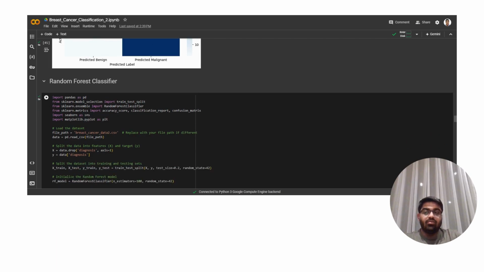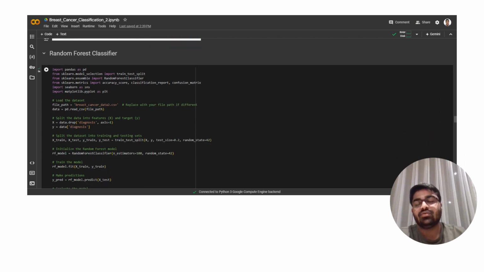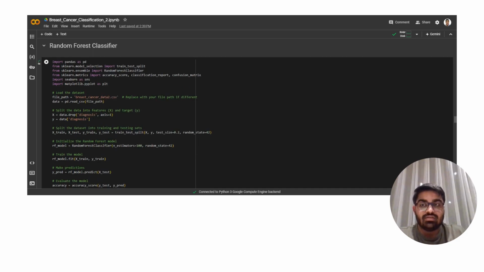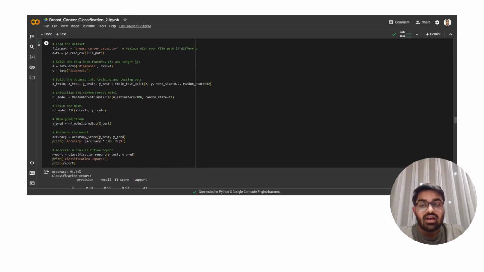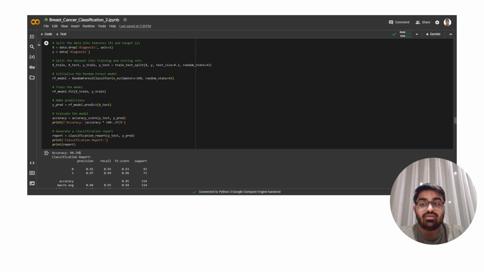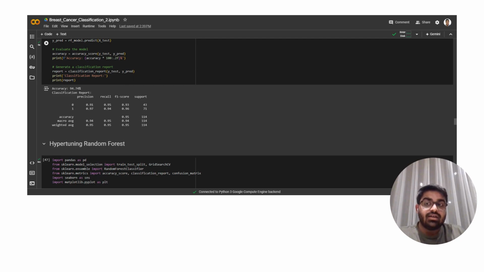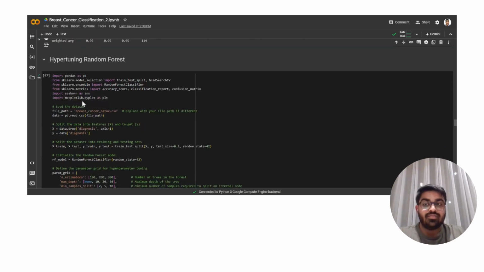Moreover, we moved on to random forest, which is the best classifier for both the data sets. It took a lot of time to run, so it took into account every single type of variable and its behaviors. The accuracy that it achieved initially was 94.74, which is the highest.